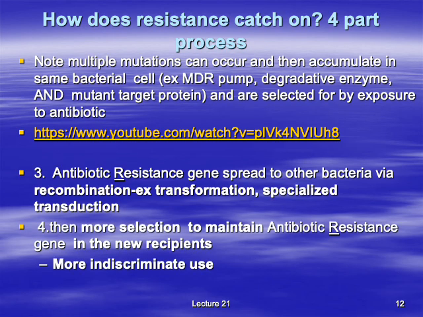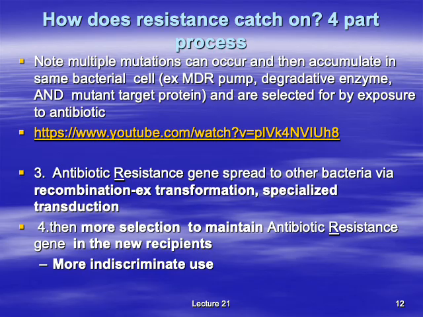So along with step 3 has to come step 4, meaning there's selection. There's exposure of those bacteria that just picked up the antibiotic resistance gene. They're now exposed to antibiotics in the environment, i.e. those bacteria are on people that are using the antibiotic. So think there's more indiscriminate use, all right? That selects for the maintenance, the keeping of these antibiotic resistance genes in these bacteria that just picked them up by recombination.